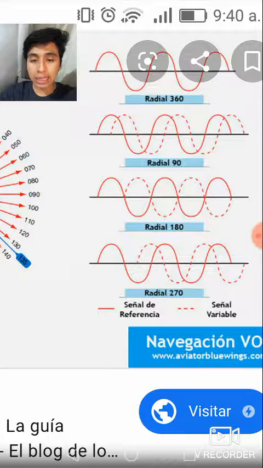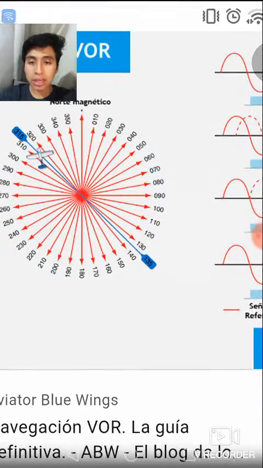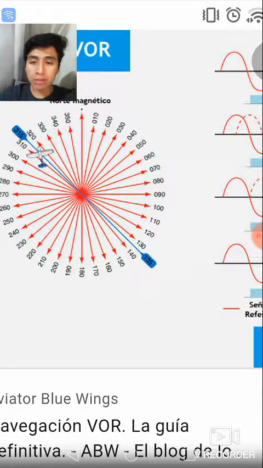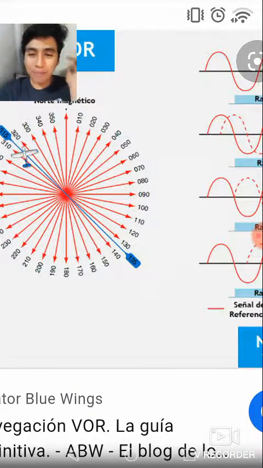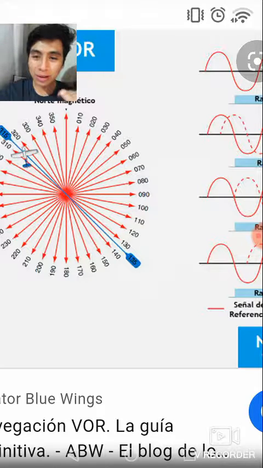I have a relation to the position of the aircraft in 315 degrees. It depends on your heading. Your heading is important to identify the trajectory of the aircraft, how is the direction of the aircraft depending on this radial.